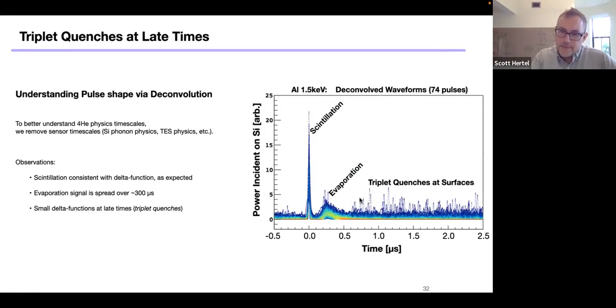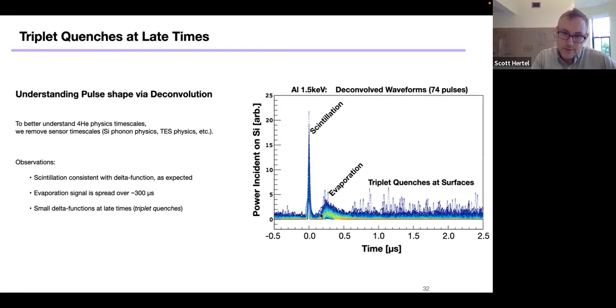Okay, so if you look at the waveforms, but you deconvolve them, so you take the timescales of the sensor and deconvolve the waveform, you can get a plot that just shows you the power onto the silicon. If you do that procedure, you can see essentially a delta function for the scintillation.